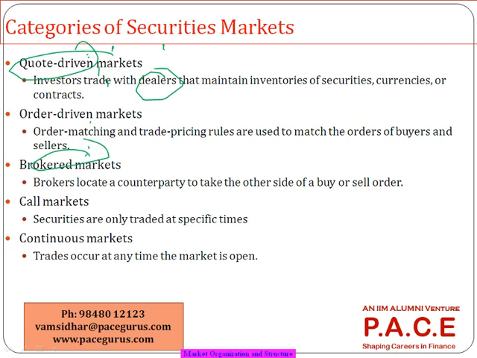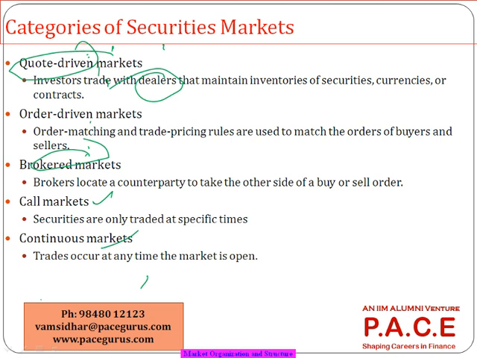There are also some other names called call markets as well as continuous markets. In call markets, trading happens, or any buying and transactions happen, only at some specific points in time. Like if you talk about an auction market, all bids are collected, right? All the bids are collected and they are all opened up at one point in time.